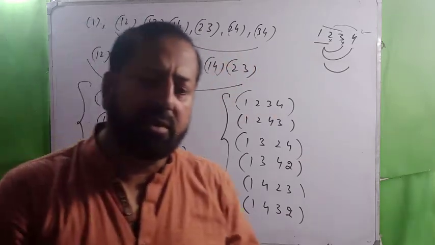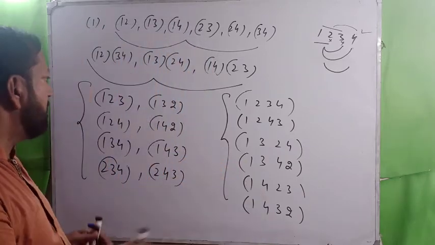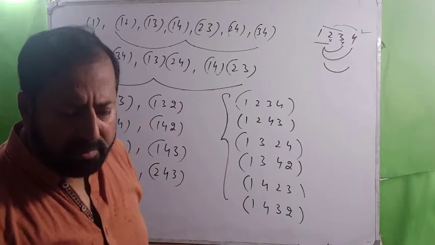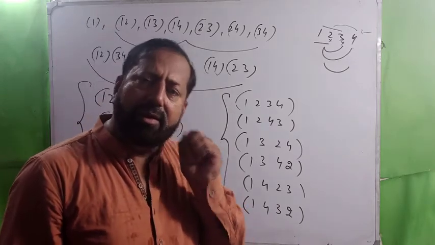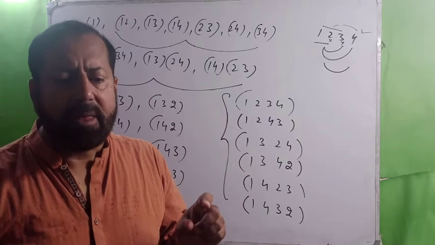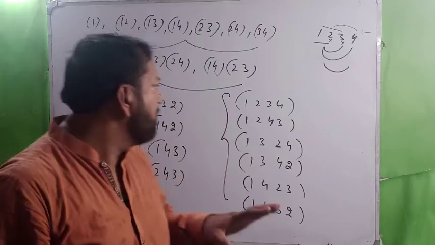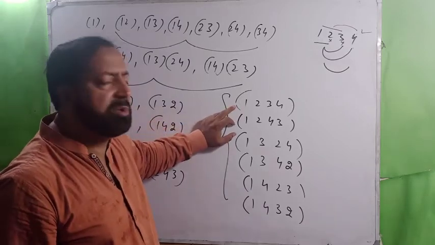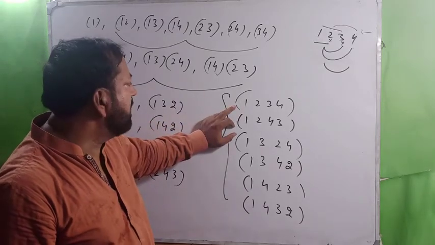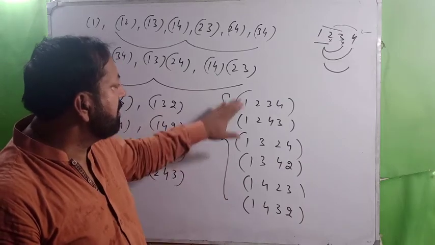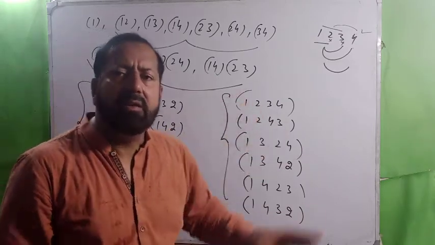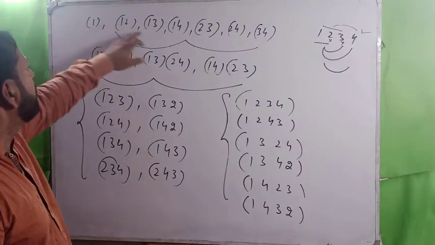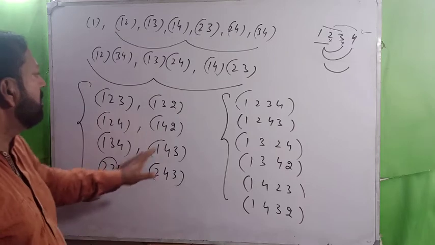And of course, we are writing in such a way that all appear in different forms. Their cycle types are the same within each class, right? Because these are cycles, you can never decompose further. That's why these are in fact different types. So these are the conjugacy classes. How many conjugacy classes? 1, 2, 3, 4, 5.